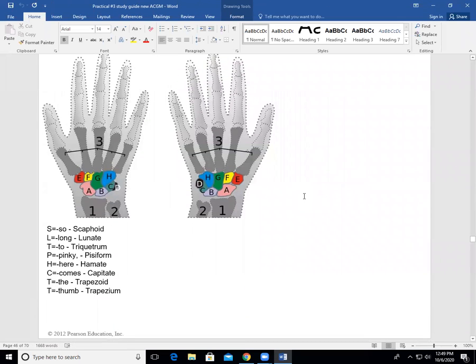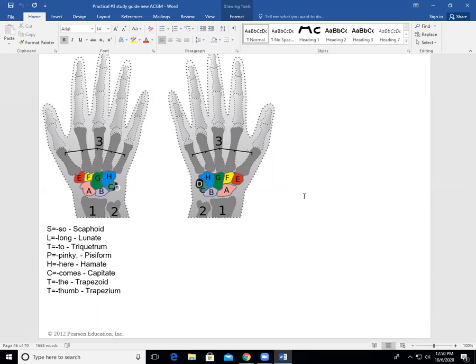All right, so here's how we try to help you remember. Create your little mnemonic device. So long the pinky, here comes the thumb. Essentially, it's just like turning your hand like this.